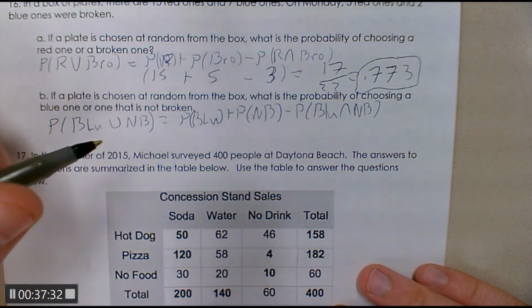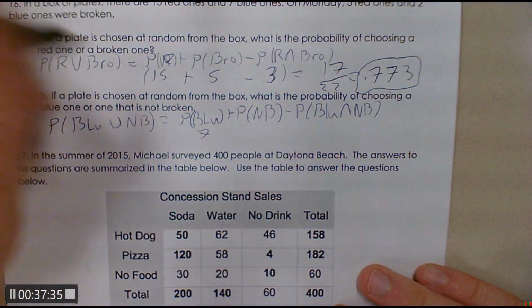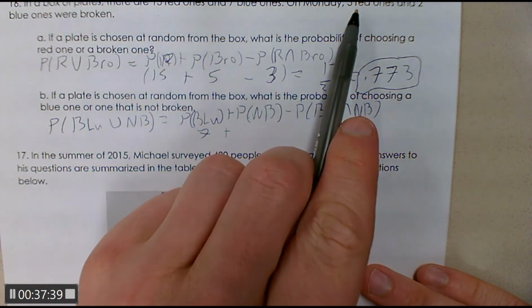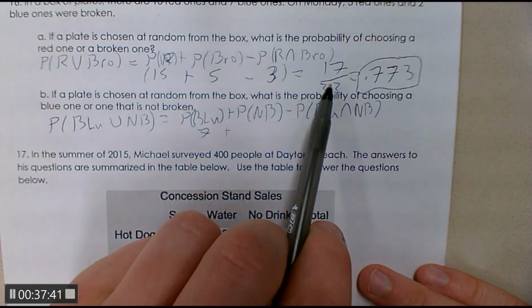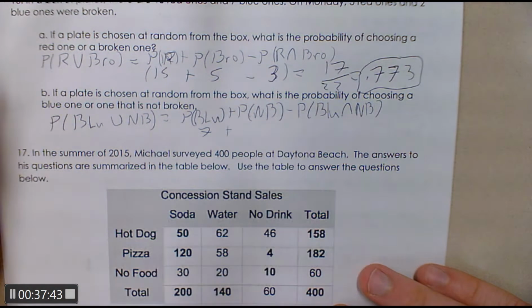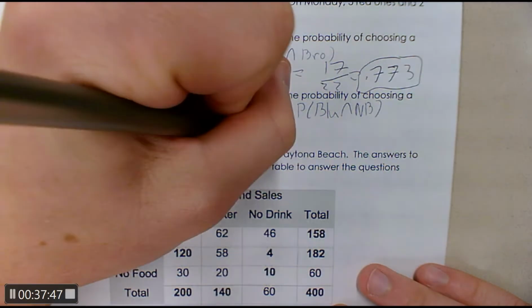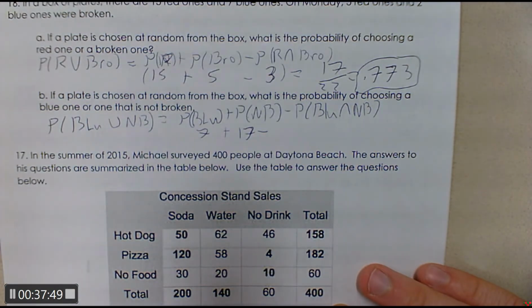Okay, so probability of blue, there are 7 blue plates, plus probability of not broken. There's 5 broken plates, right? So of the 22 plates, 5 of them are broken. That means 17 of them are not broken, minus the probability of blue and not broken.